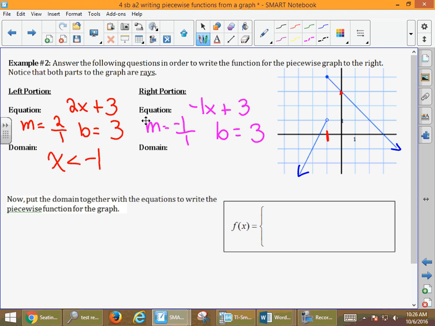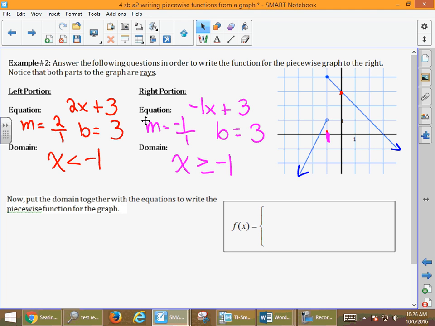And it starts up here at negative 1. And then we're going to continue in the right-hand direction. So we're going to have x's greater than negative 1. And the only other question is, do we need an equal on that inequality symbol? And we do, because there's a filled-in circle at negative 1.